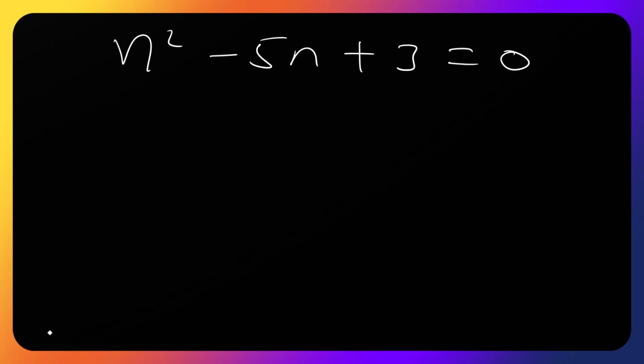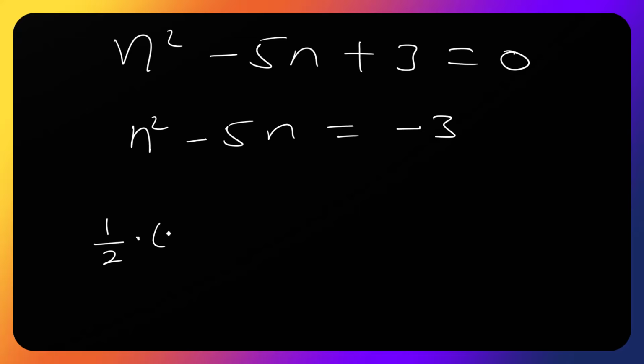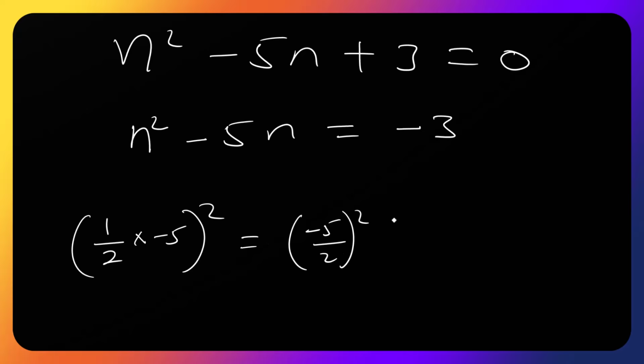Alright. So let's complete the square of this. So we have n squared minus 5n equals minus 3. So if we take half of the coefficient of n all squared, so this one will be minus 5 on 2 all squared.